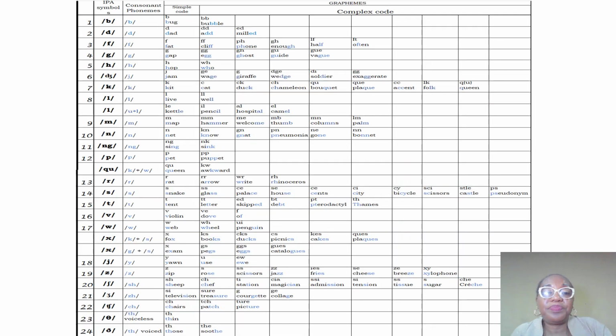Okay, next we go to the complex code for the consonants. The same thing, different ways of spelling the same sound.